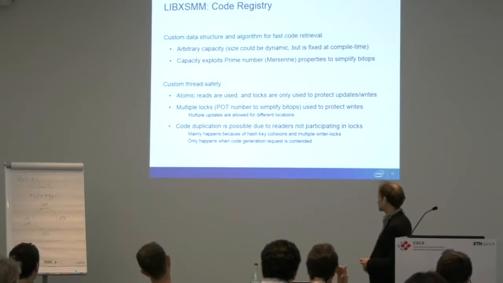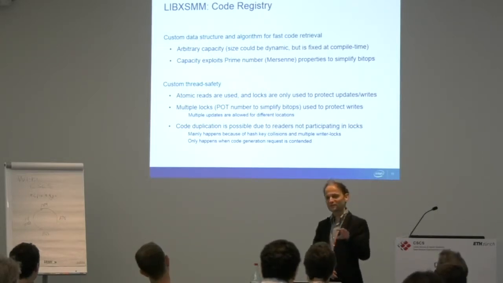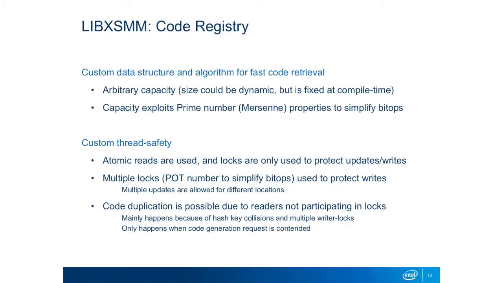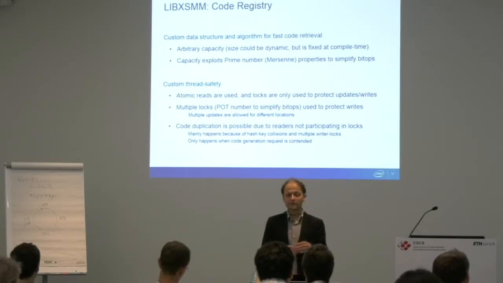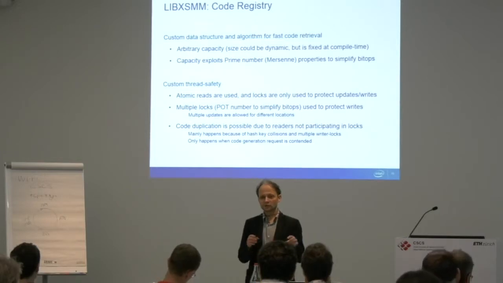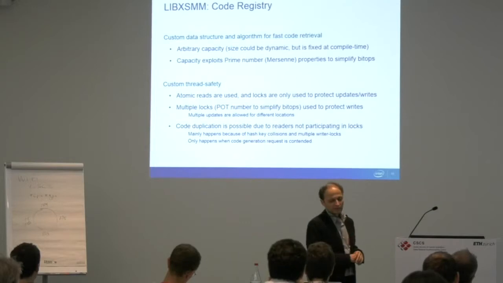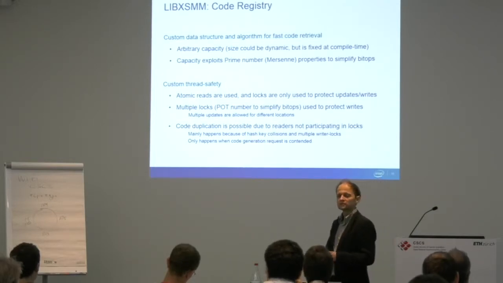And there is also custom thread safety. It doesn't sound trustable because either it's thread safe or it's not, but we have certain things like atomic reads in the front, and we try to avoid locking down the code registry when we generate the code. So in effect, we have multiple locks so that we allow multiple writers on the registry at the same time, but we only enter the lock if it is really needed.